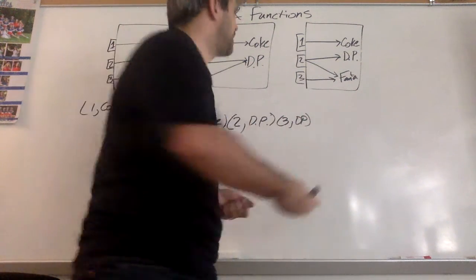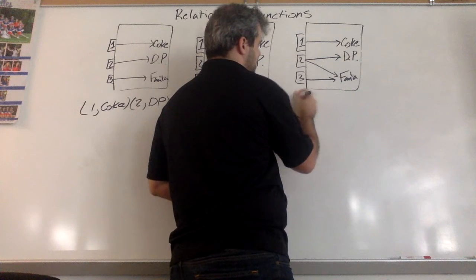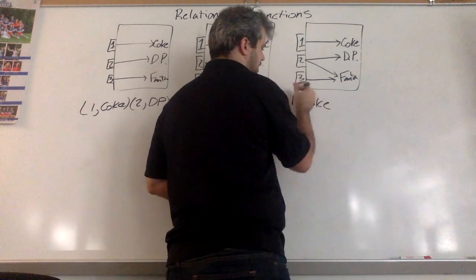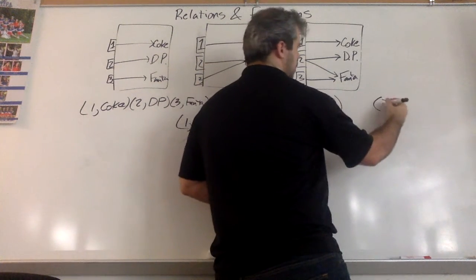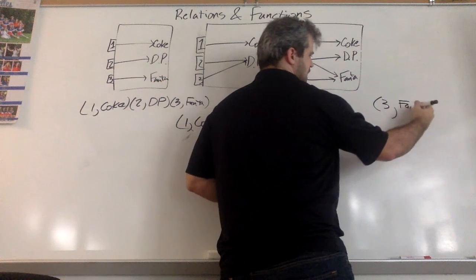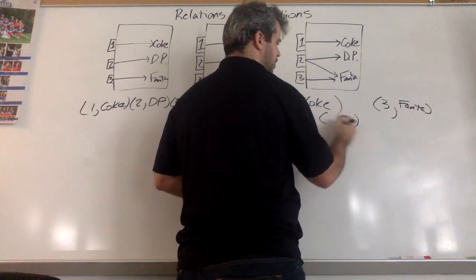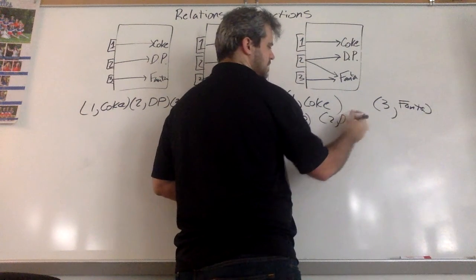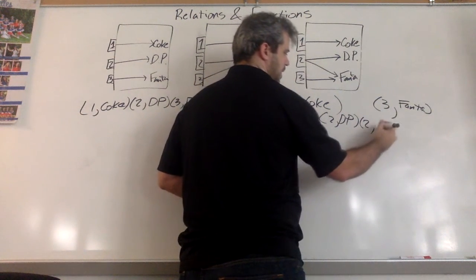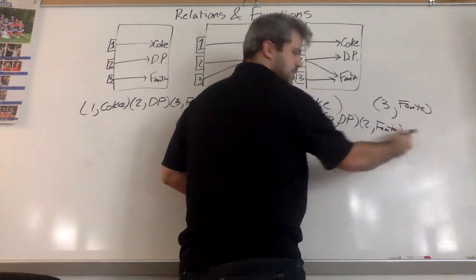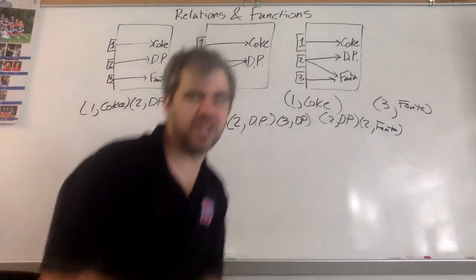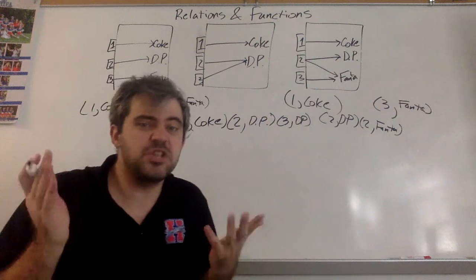It's not, because yes, we know what we're getting if we press a 1. We know what we're getting if we press a 3. But if we press a 2, we could get a DP, or we could get a Fanta. That's not a viable vending machine, because if I press a 2, I need to know what I'm going to get.